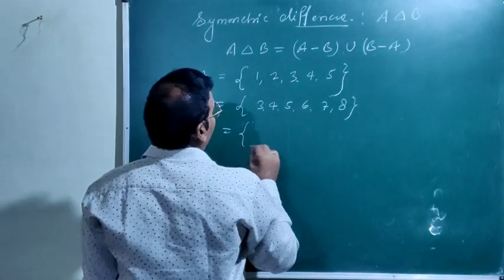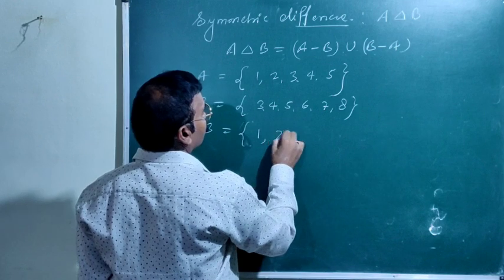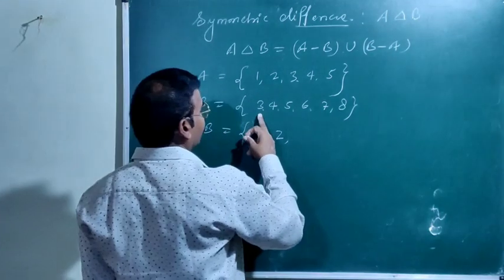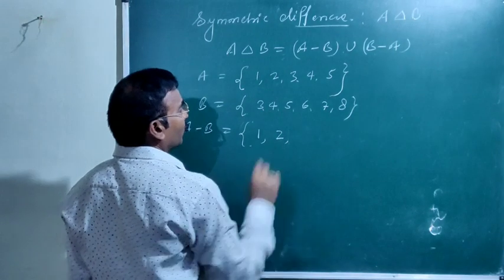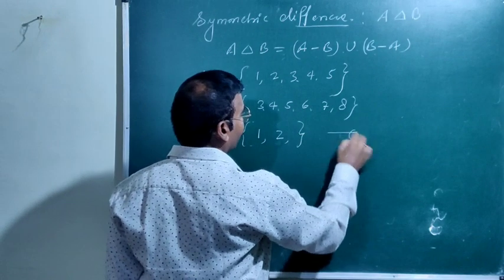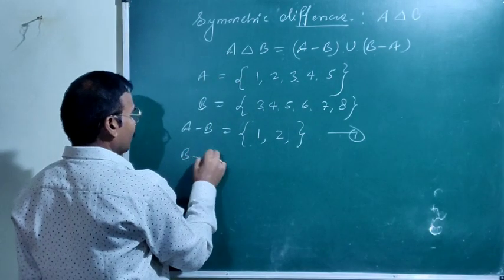Only 1 and 2, because 3, 4 and 5 you don't have to take. So that is A minus B, and then B minus A.